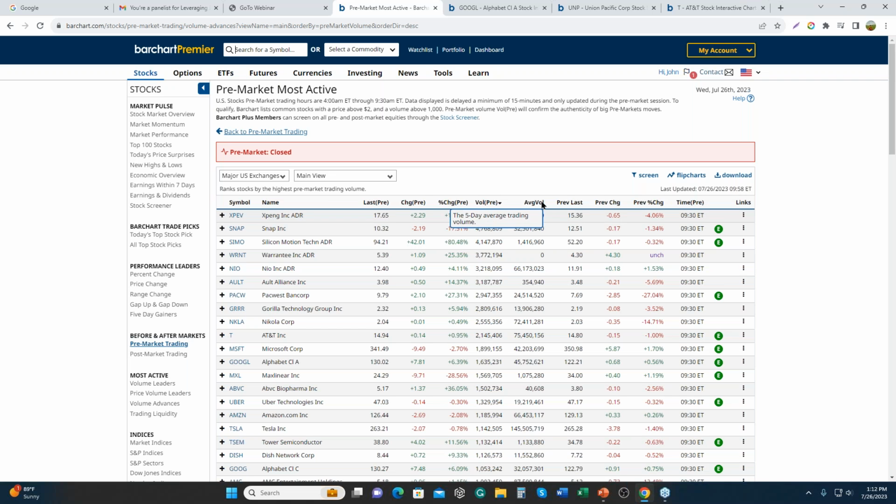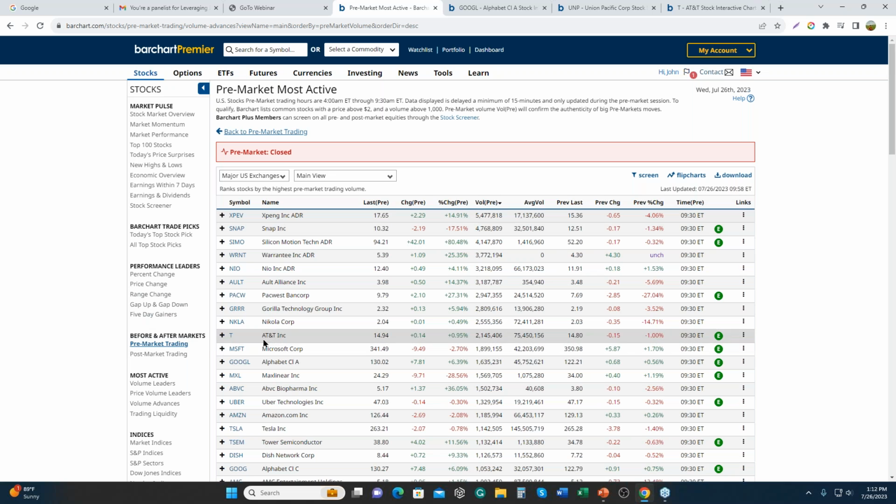Its 5-day average is 17 million. So it traded about roughly 30% of the average volume. So that would be a good candidate that says that price will probably continue in the direction of what we're seeing in this activity. In this case, price is probably going to continue to go up because volume is confirming that price action.